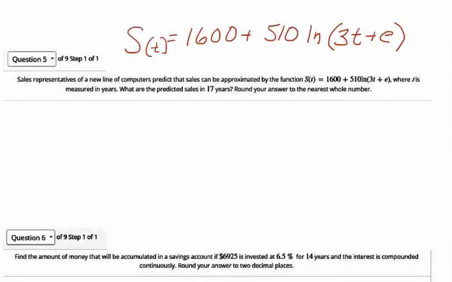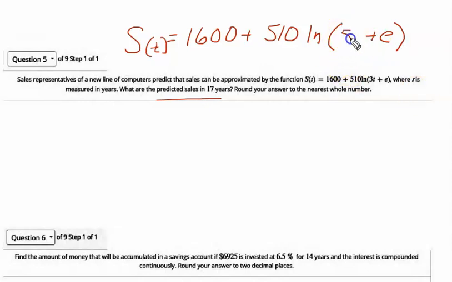Now in this example, we're wondering how many computers are predicted sales after 17 years. So there's our formula. We know our time is 17 years. So I'm going to change 3 times 17 here. Wanted you to see where it came from.